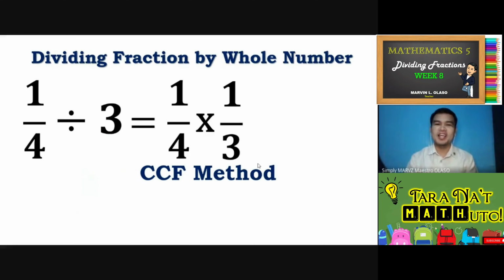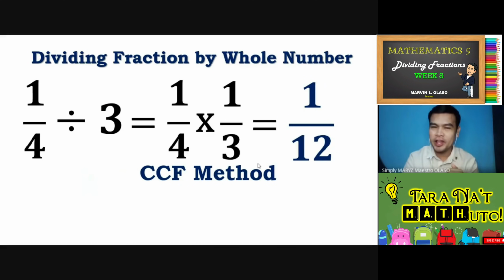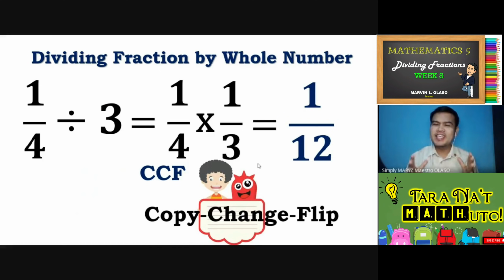Now, let's multiply 1 times 1, 1. 4 times 3 equals 12. Is that already in lowest term? Obviously. So, 1/4 divided by 3 is equal to 1/12. Did you understand? Again, what method? CCF, copy, change, flip.